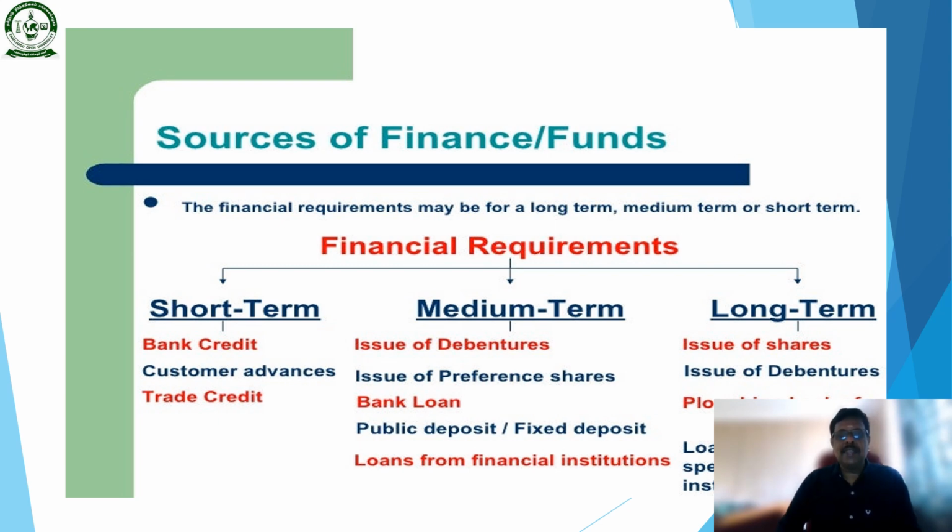Preference shares can be issued, by which the company provides a fixed rate of dividend to the preference shareholders.